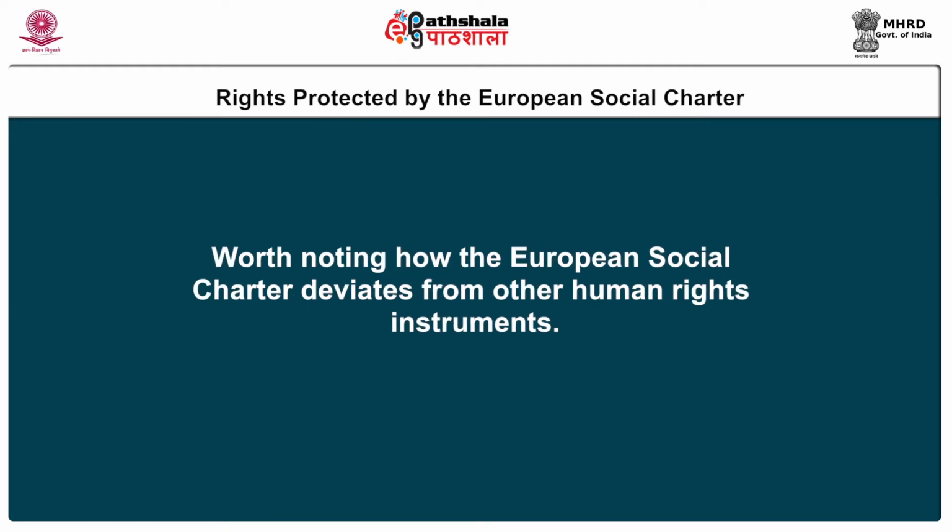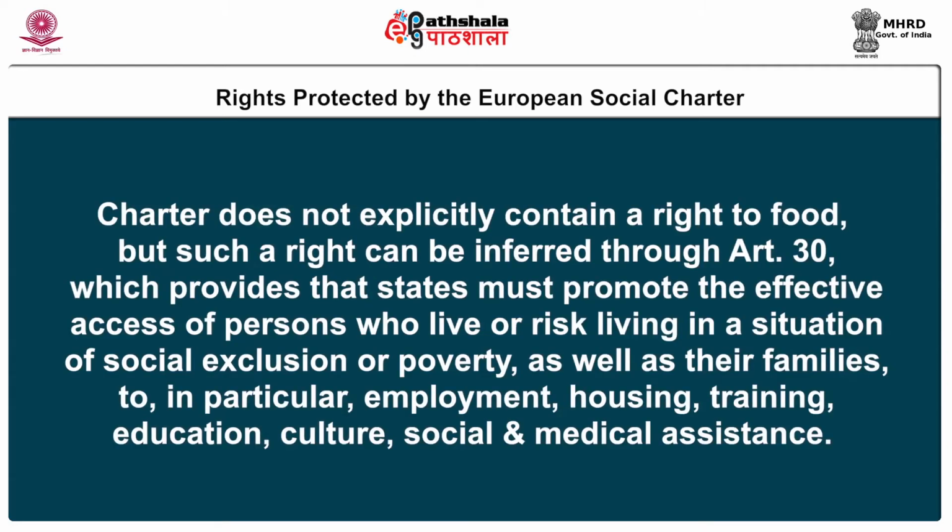With respect to certain rights, it is worth noting, however, that the European Social Charter deviates from other human rights instruments. How does it do so? For instance, the Charter does not explicitly contain a right to food, but such a right can be inferred through Article 30, which provides that the state must take all measures to promote the effective access of persons who live or risk living in a situation of social exclusion or poverty, as well as their families, to, in particular, employment, housing, training, education, culture, and social and medical assistance.